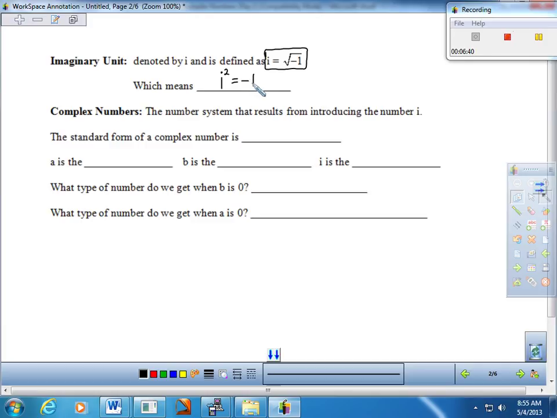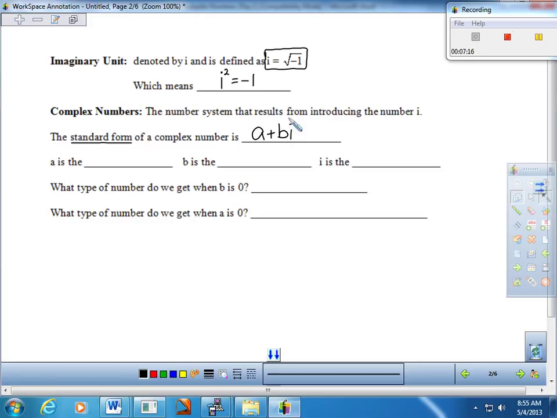Okay. So complex numbers would be the number system that results from introducing that number i. And we're going to be primarily working with the standard form of a complex number, sort of called the rectangular form. And it would be a + bi. When you get to pre-calc, you'll see a different way to represent complex numbers that actually requires a little trigonometry. Kind of cool stuff there.